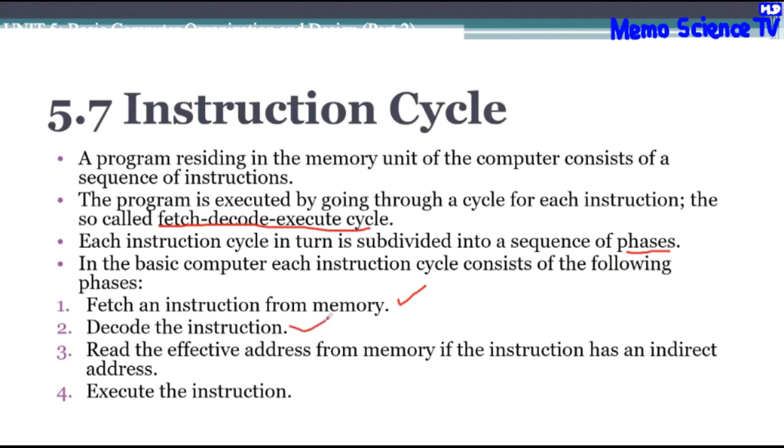The third, read the effective address from memory if the instruction has an indirect address. The fourth, execute the instruction.